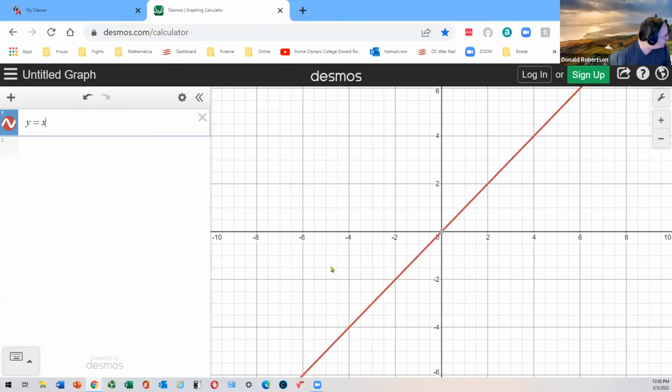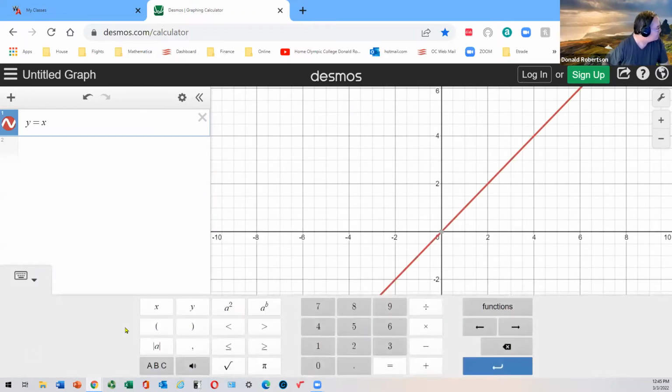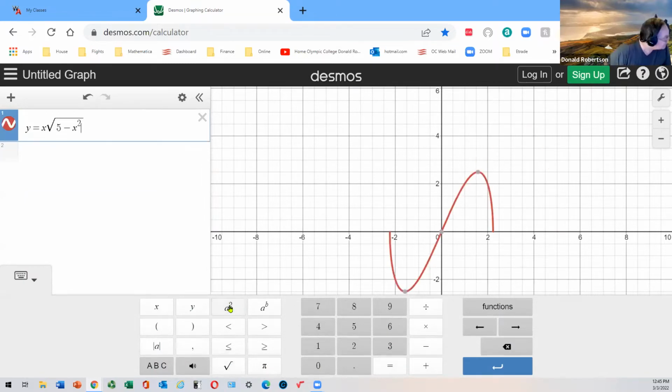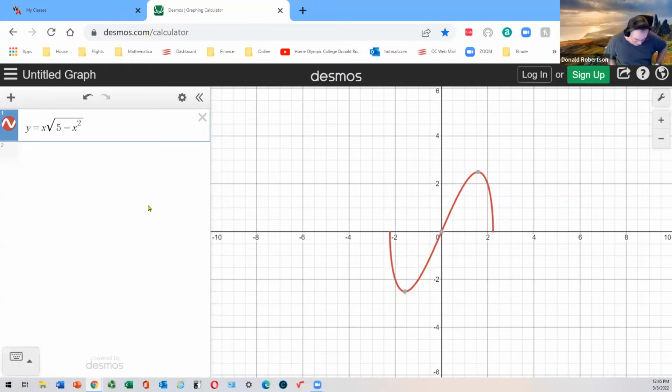x times the square root of 5 take away x squared. Okay, and I did something wrong. I got the origin right, and it goes negative, positive, positive, negative.